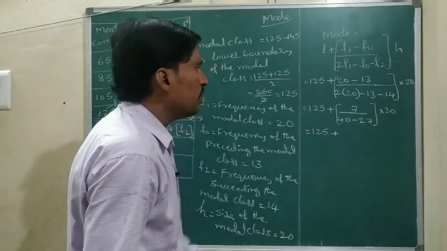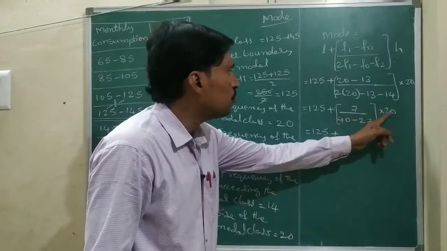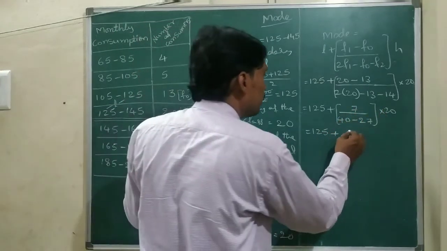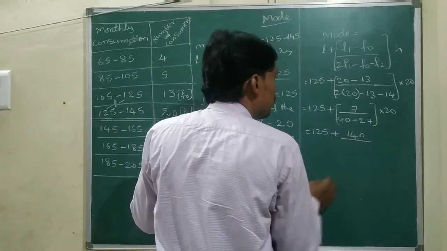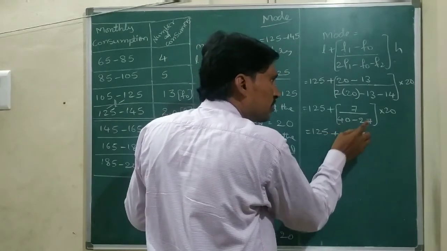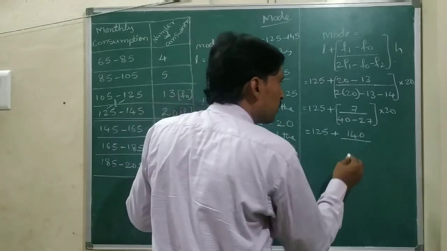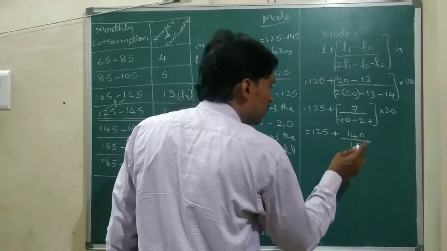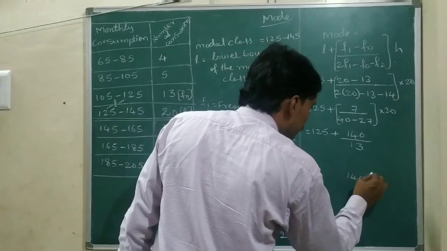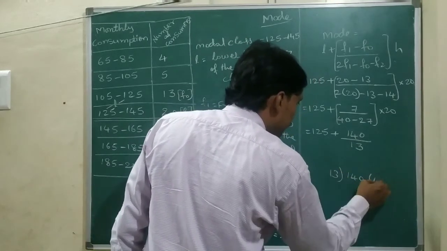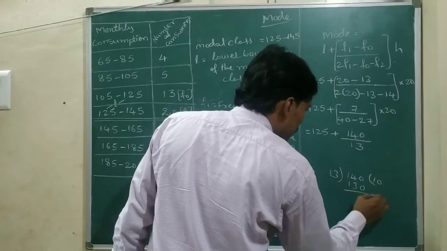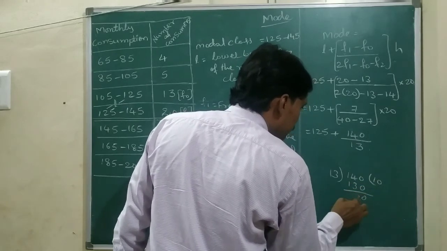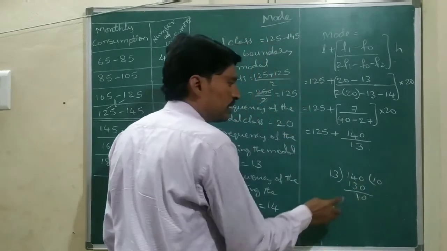That equals 125 plus, here we need to multiply 7 into 20. What is 7 into 20? 140. Next, 40 minus 27 is 13. Now we need to take the division, 140 by 13. 13 tens are 130, 140 minus 130 is 10.